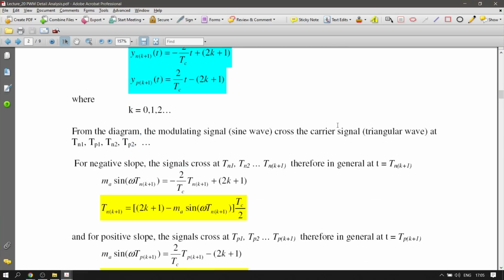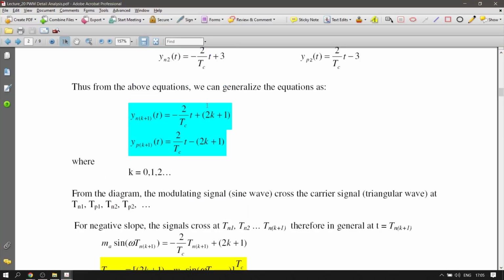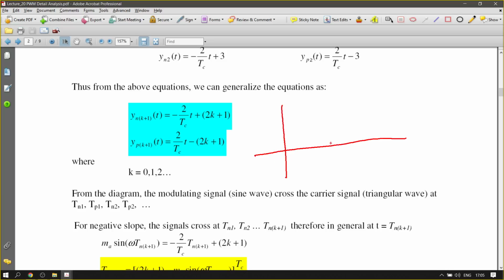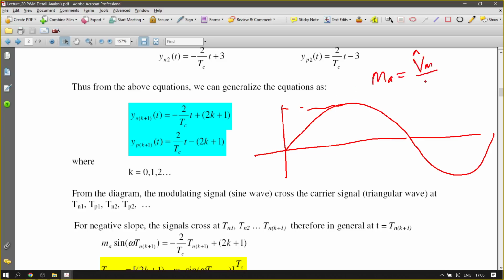And we need to understand that, did you see earlier? We compare with sinusoidal signals. We compare with the sinusoidal signals, and we know that MA equals V peak M divided by V peak C carrier, isn't it?